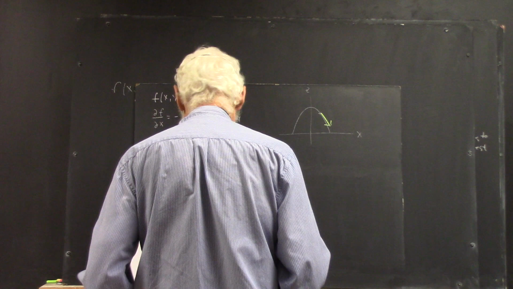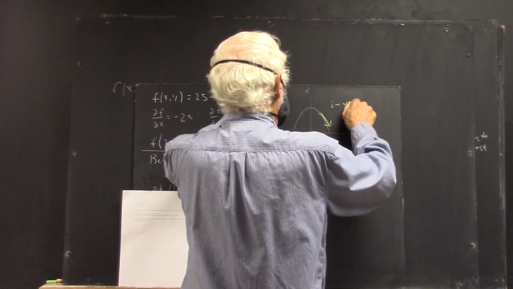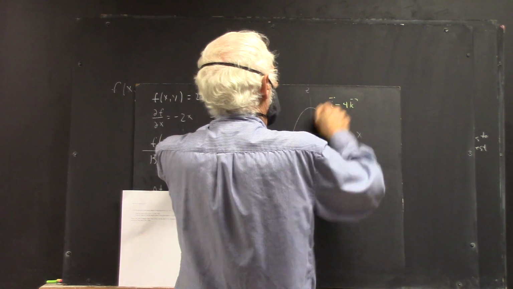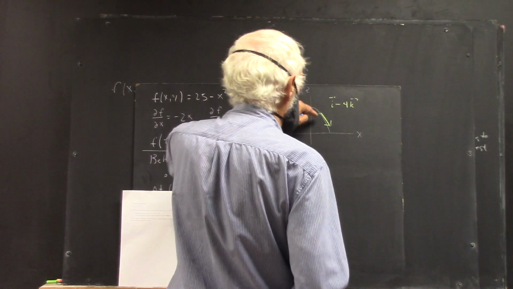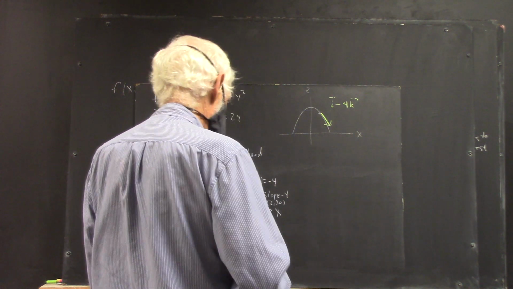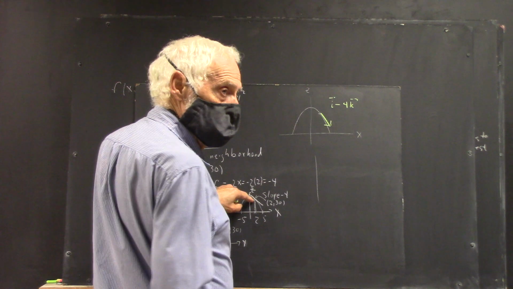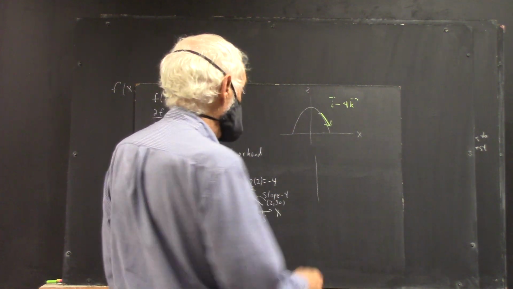No reason it couldn't be done, it's got a coefficient. There's your I vector minus 4K here. In the XZ plane, and of course implicitly this is 0, 2, 3, 30.